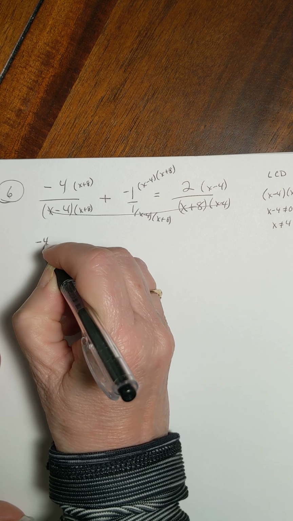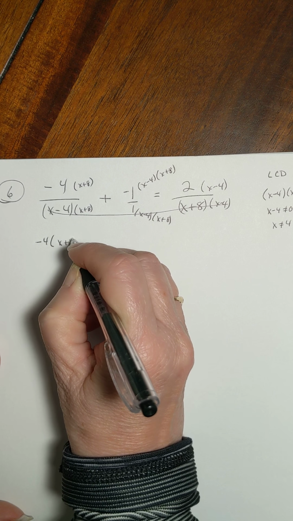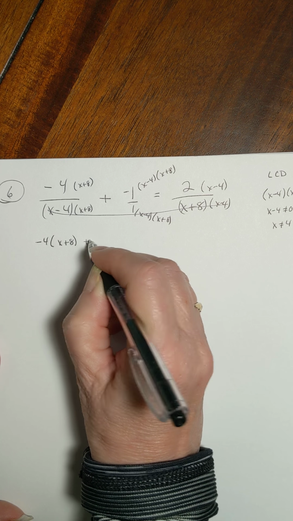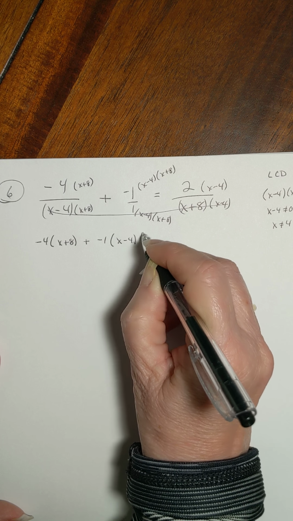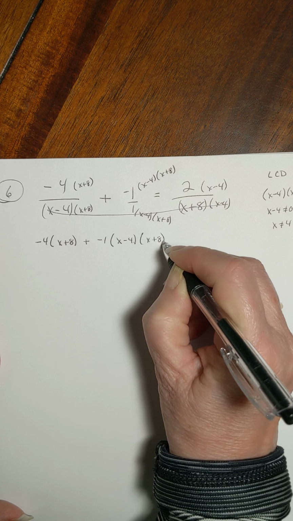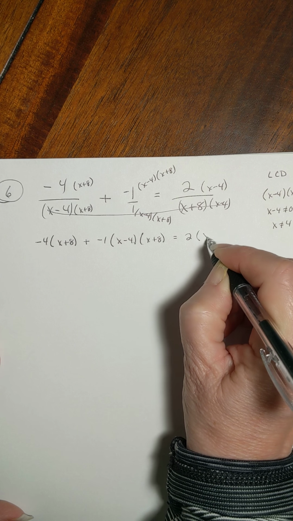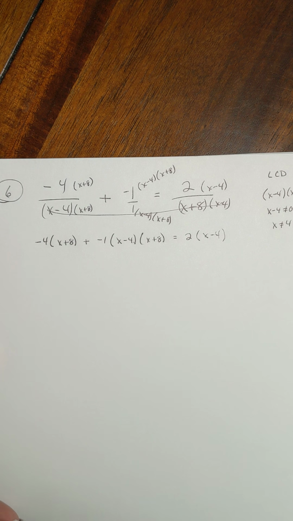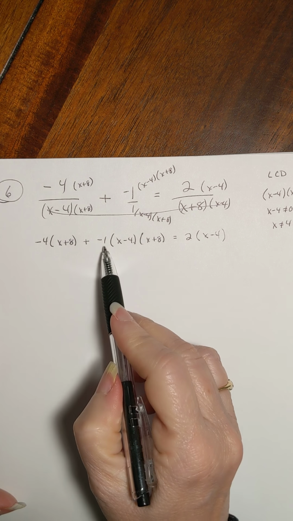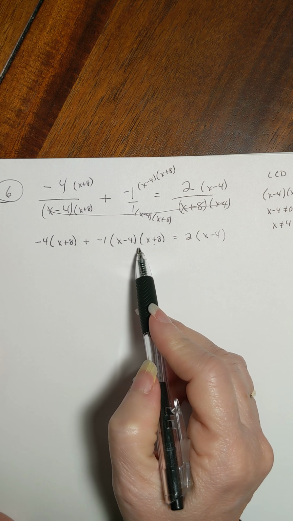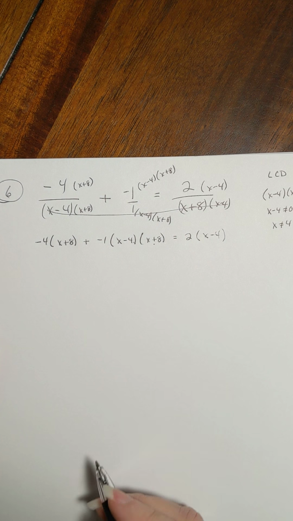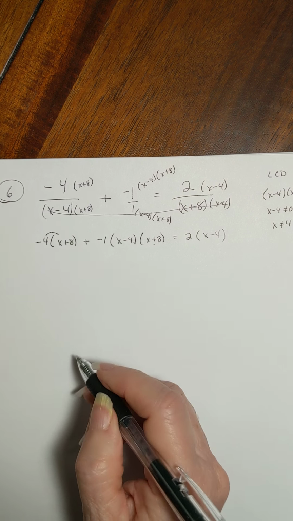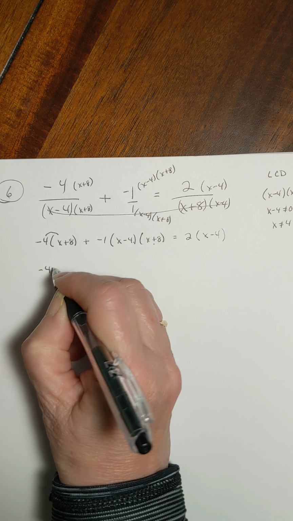So I have negative 4 times x plus 8 plus negative 1 times x minus 4 times x plus 8 is equal to 2 times x minus 4. And again, notice that I have 3 things multiplied here. So first I'm going to distribute this, then multiply in the negative 1. So negative 4 times x is negative 4x.